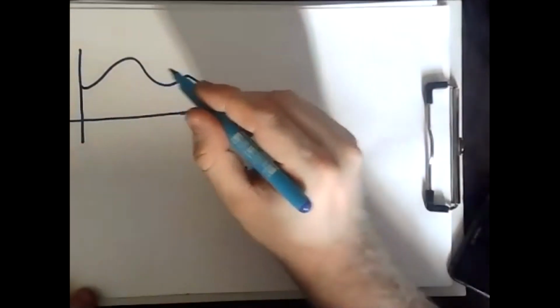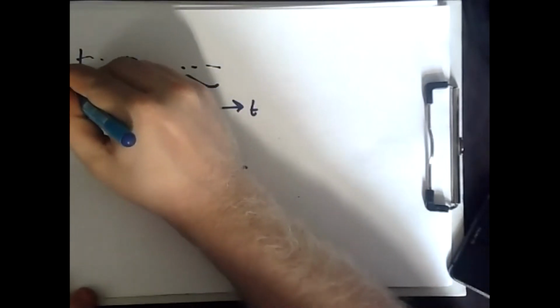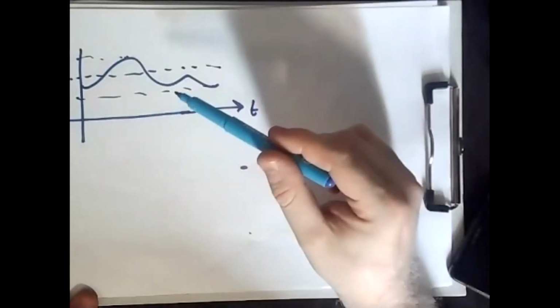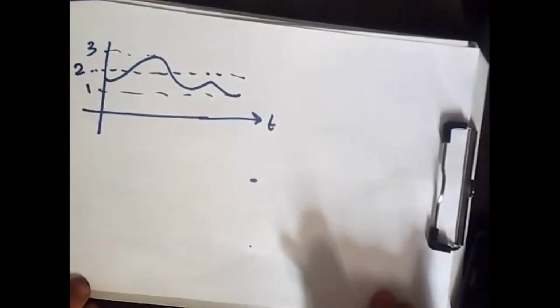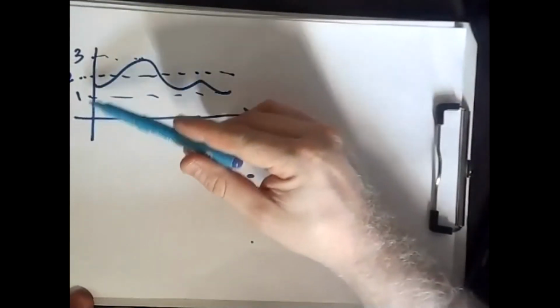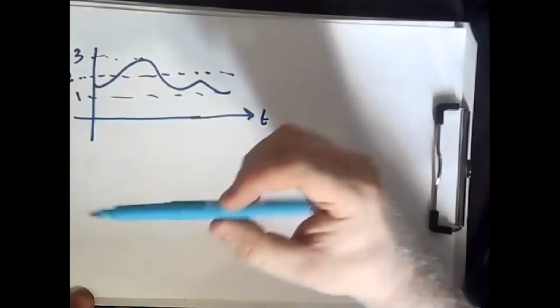Let's assume, for example, that this is 1 volt, and this is 3, and we have also in between 2. So generally this signal accepts any analog value between 1 and 3. The dynamic range of the amplitude is from 1 to 3.